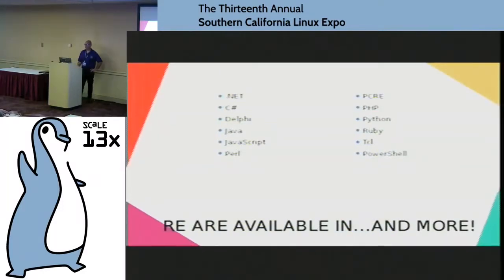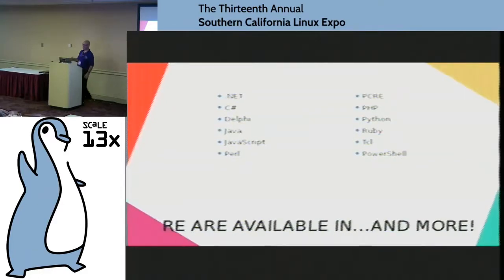Here's just a sampling of some of the languages where you're going to find regular expressions available. .NET, with the regex library that I'll bring up a little bit later, has a lot of these types of expressions, but you can see C#, Delphi, certainly Java, and JavaScript has native regular expressions. Perl, as you might have picked up from the first slide, is largely oriented around these, and they're really easy to use within Perl.